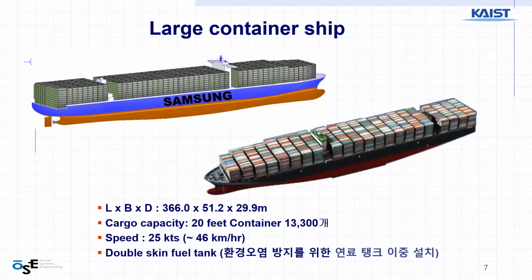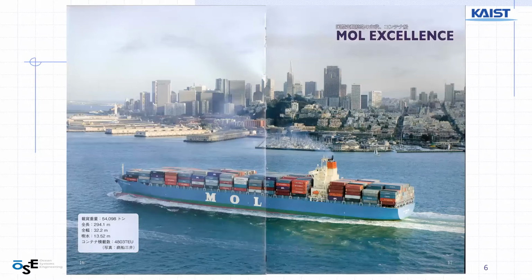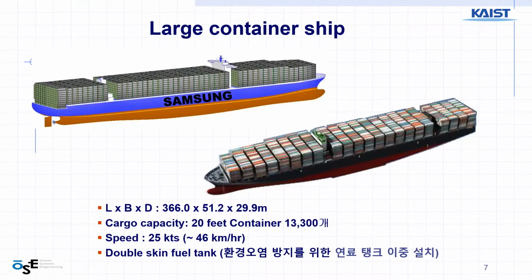Cargo capacity is 13,000, compared to this one which is less than 5,000. So this one is 2.5 or 2.6 times more than the previous one. And speed, knots and kilometers, is different.